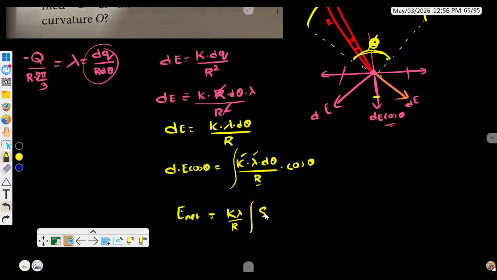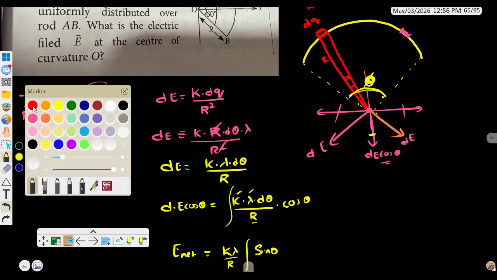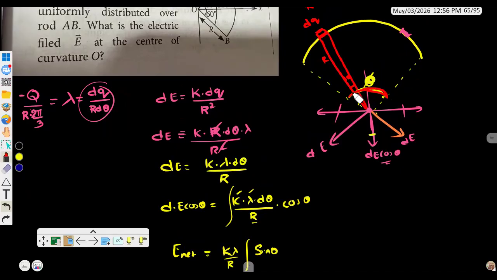Integration of cos theta is sine theta. From where to where do we have to integrate? See this, this is the angle subtended at the center, so this is at half.